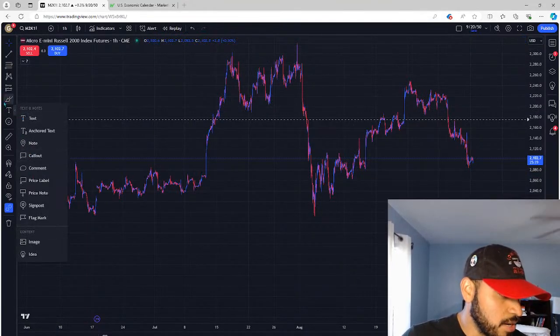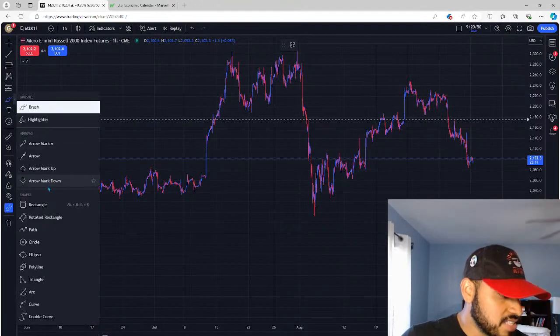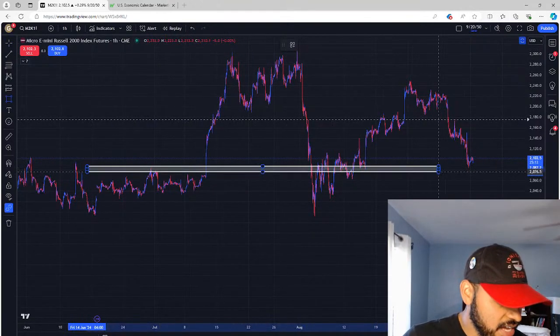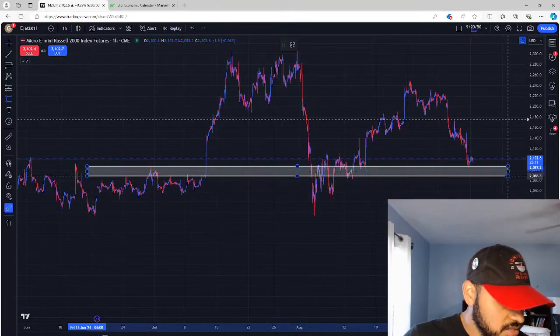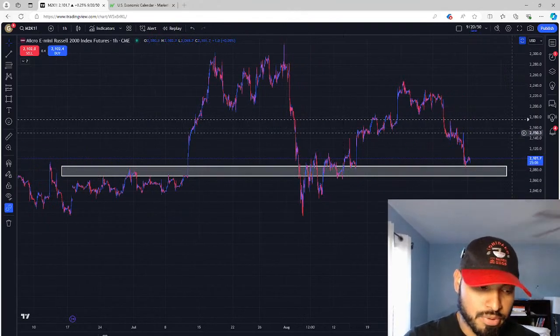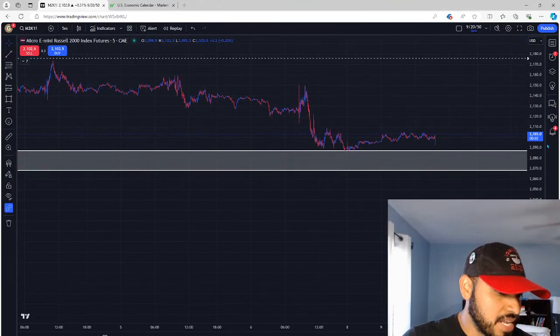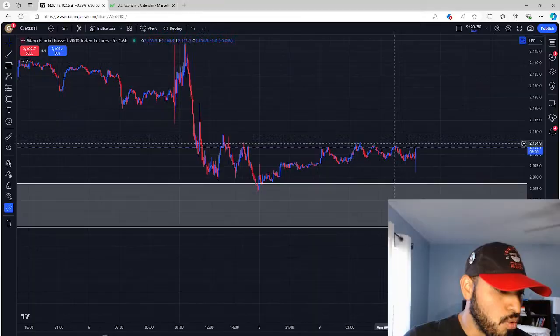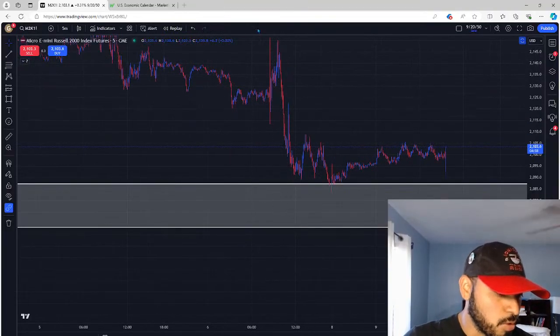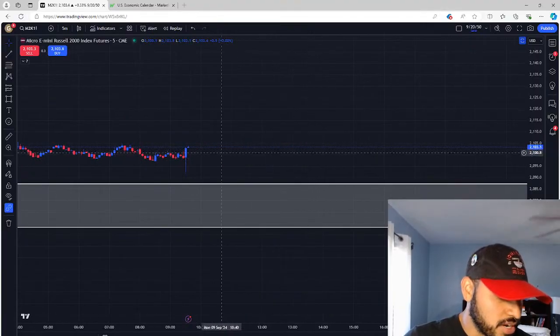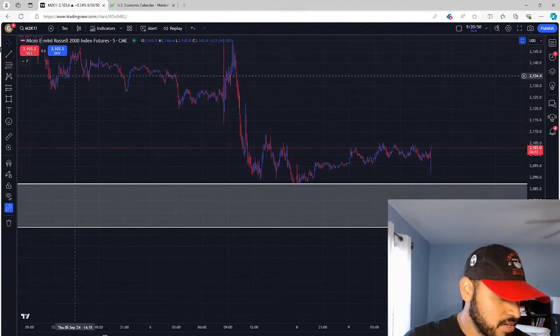I like to use boxes and shade it together, just like that, an area of support where price is trading. If we zoom in on the 5 minute, we can see it more granular, where price got supported here. And it looks like we're coming back up a little bit.